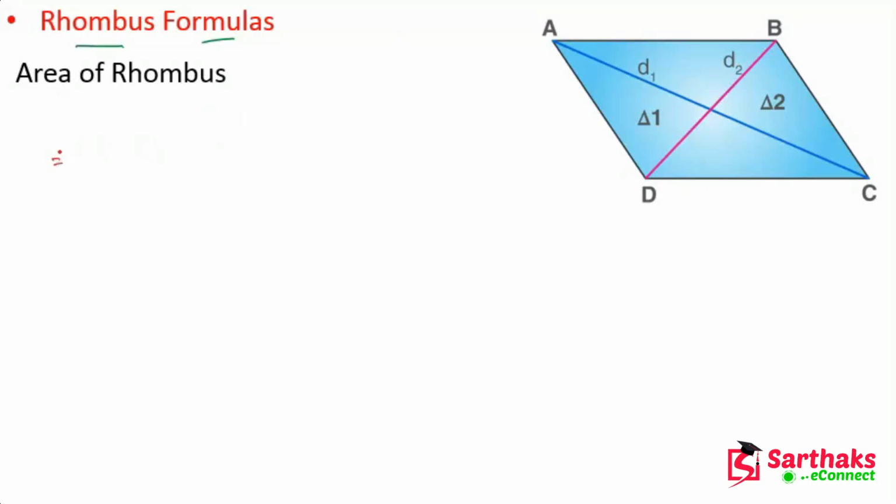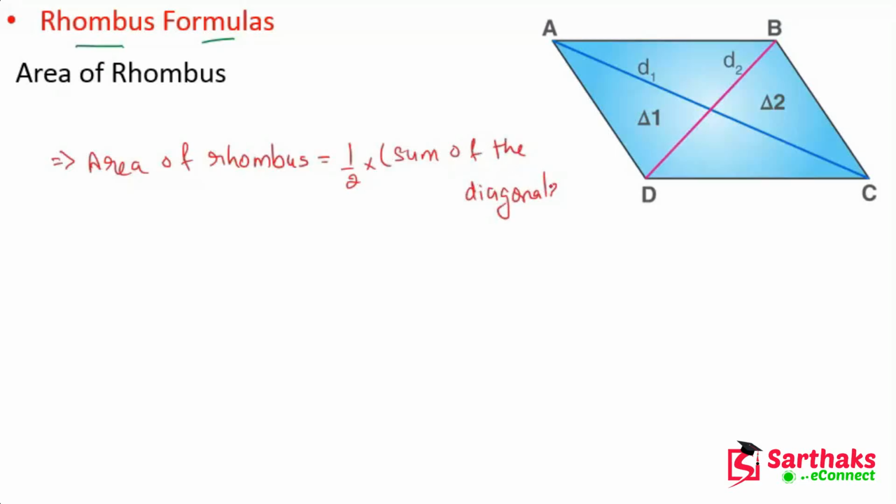So the area of a rhombus is equal to half into the product of the diagonals, that is, half into d1 into d2. This is the formula for the area of a rhombus.